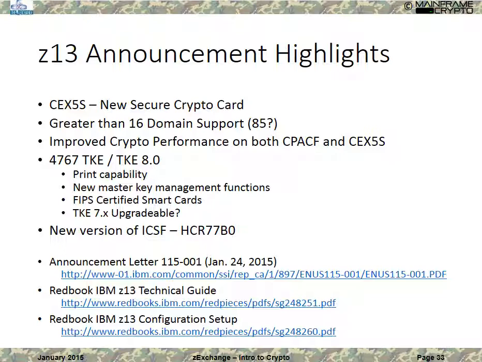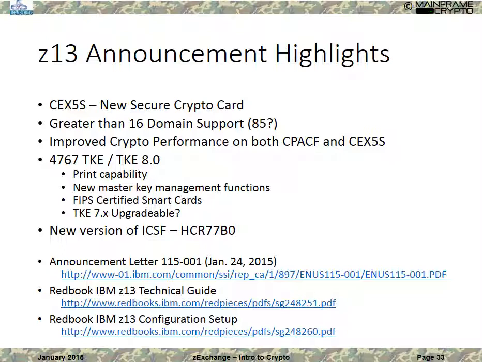Now, one of the things that's been added on the Crypto Express 5S is greater than 16 domain support. So the announcement letter talks about the fact that you can support more than 16 domains. If you remember when we talked about hardware before, each Crypto Express card can support up to 16 LPARs. Well, that's been a pretty serious limit, and so IBM is expanding that limit.